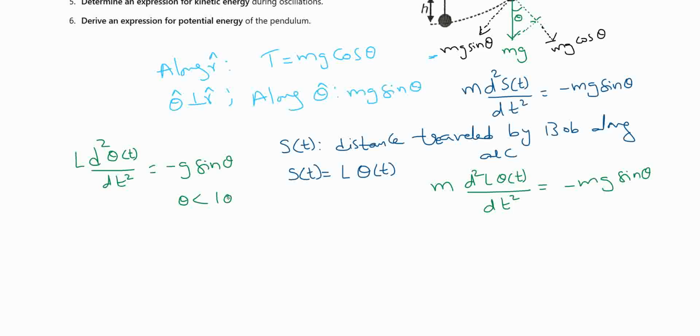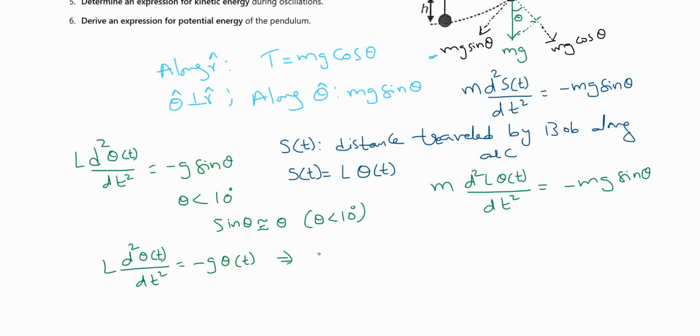So when theta is small, sin theta will be approximately equal to theta. This is a reasonable approximation as long as theta is less than 10 degrees. So L d squared theta of t by dt squared equals minus g theta of t.